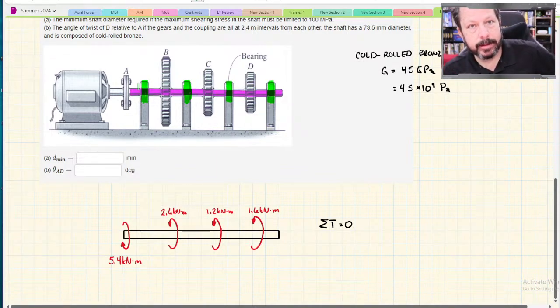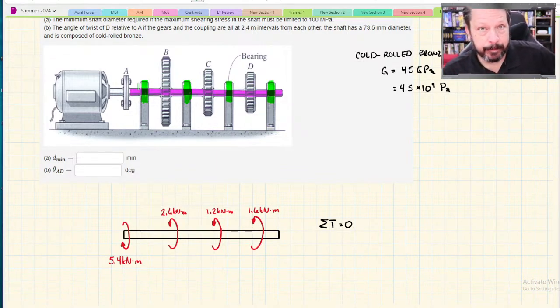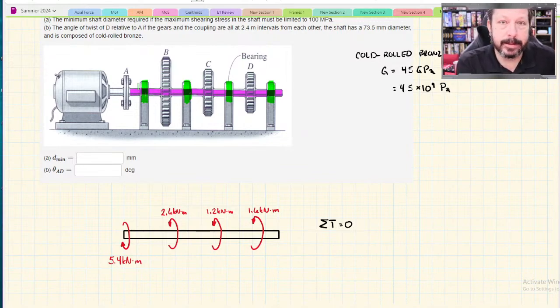Now, if you get further in your mechanical engineering, then yes, we do have to start worrying about what kind of power absorption these bearings are dealing with, because it is real, it's just small. But that's not for this course.